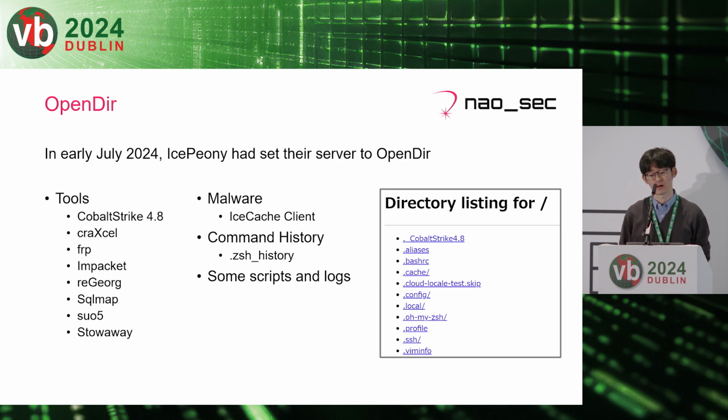Zsh is an advanced command shell similar to Bash, and it uses a history file. From this file, we learned that this host attempted to compromise over 200 Indian government websites. We quickly downloaded these files and began our detailed investigation.